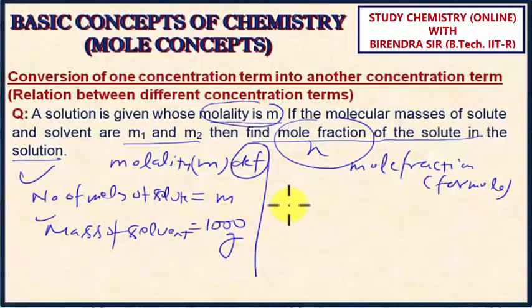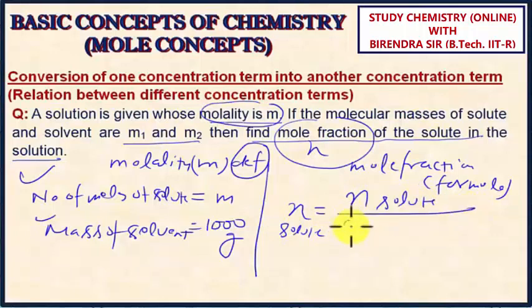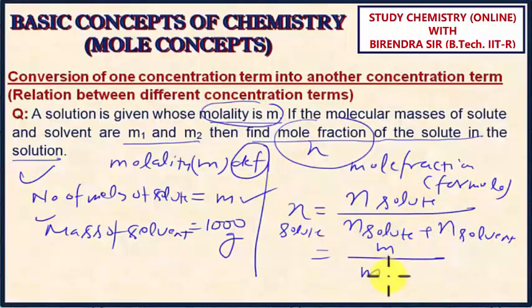Now, what is the formula of mole fraction of solute? Mole fraction of solute is moles of solute upon moles of solute plus moles of solvent. Moles of solute is directly given, so you can substitute m here. The only thing you have to find is the number of moles of solvent.